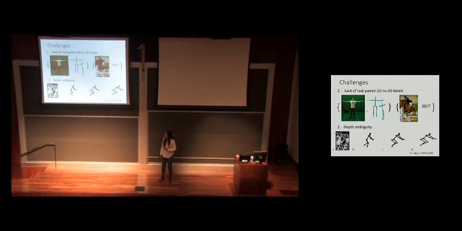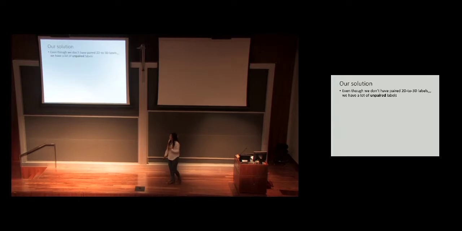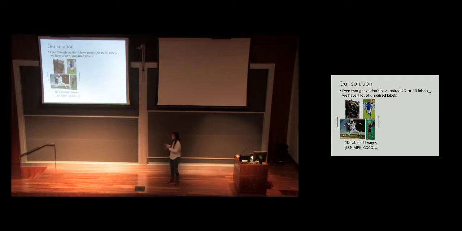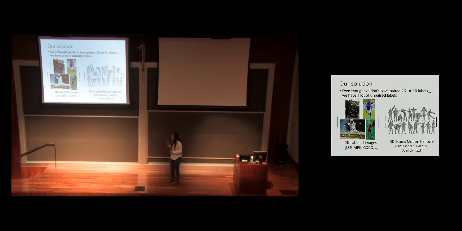Okay, so our idea is that we notice that even though we don't have paired 2D to 3D labels of real images, we have a lot of unpaired labels. By unpaired, I mean I have a lot of images with 2D labels because as a community, we collected a lot of these. So we have images with known 2D joint locations, but we also have 3D scans. When we were building this model, they had a lot of scans that might not necessarily come with an image, or the image is in a controlled environment.